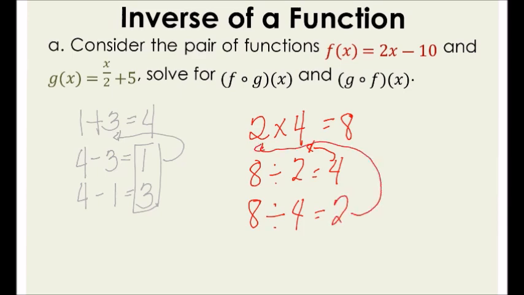It's also mentioned in your notes that when you raise a number to an exponent, you can undo it by taking its root. For example, we have 2 raised to 4. 2 raised to 4 is 16. To undo it, we take the fourth root of 16, and we will get 2.